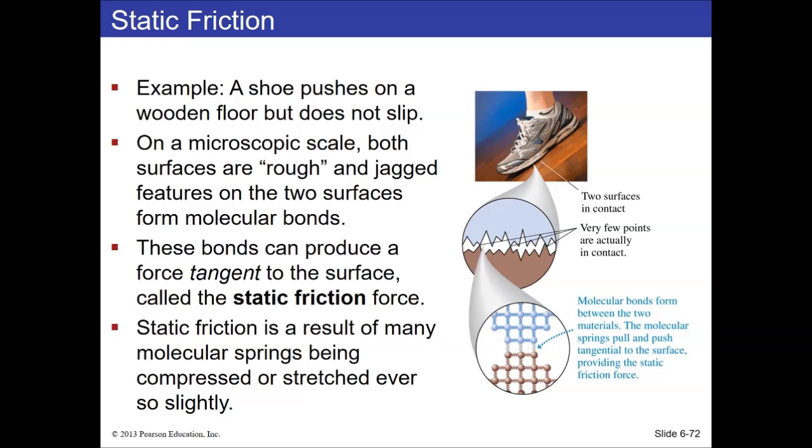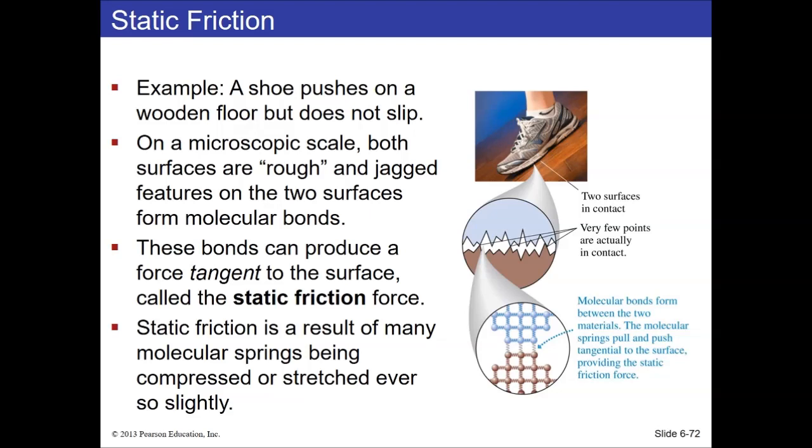So we'll first start with static friction. I've talked a bit about what's happened with static friction. But the important thing about static friction is you have two objects that are in contact. That means there's some sort of normal force exerted between them.